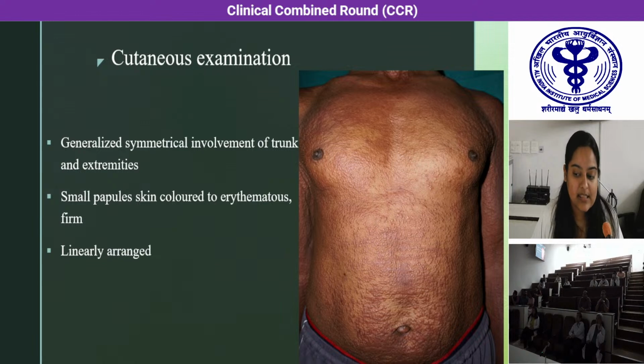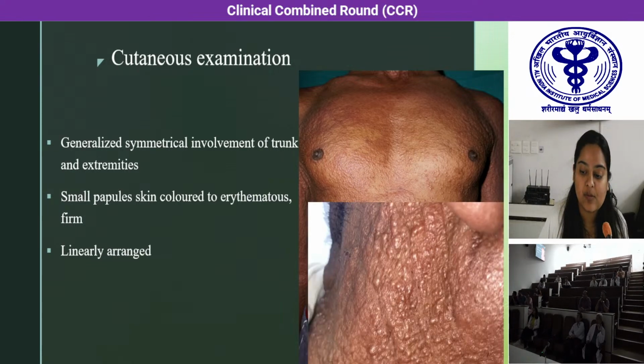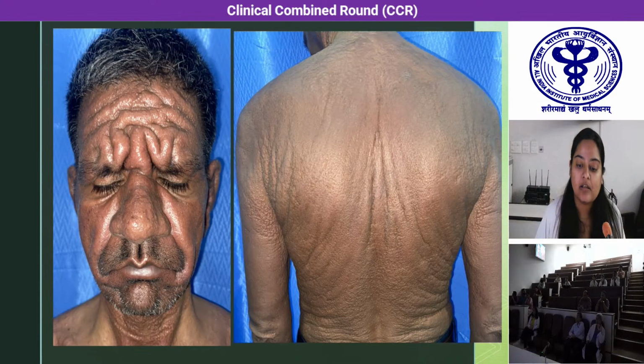On cutaneous examination, there was generalized involvement of trunk and extremities in the form of small papules, which were skin color to erythematous, firm, waxy, shiny, and at places these papules were linearly arranged as shown in this figure.